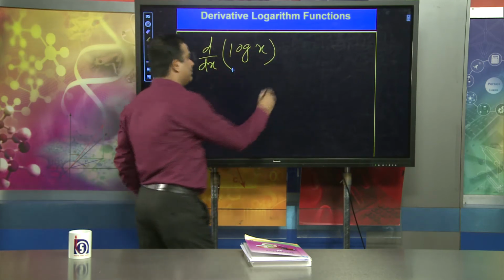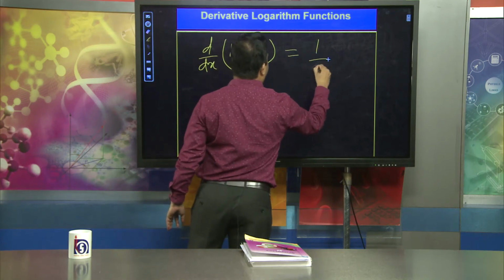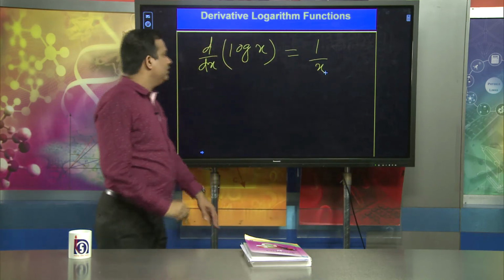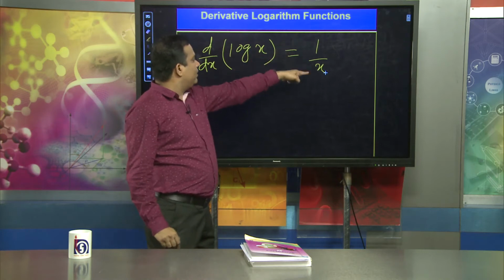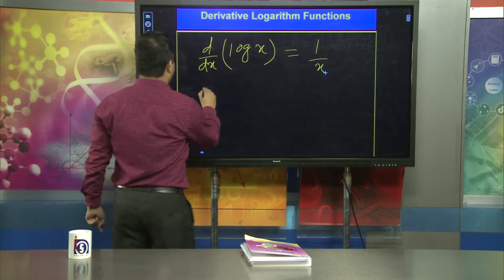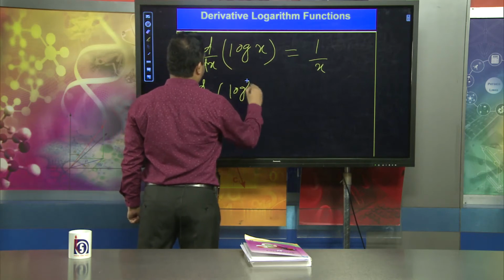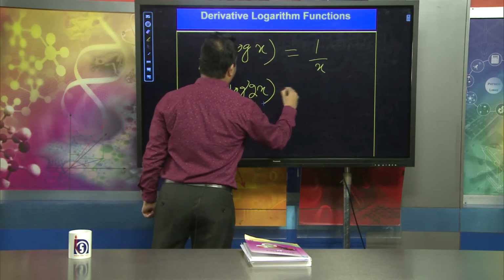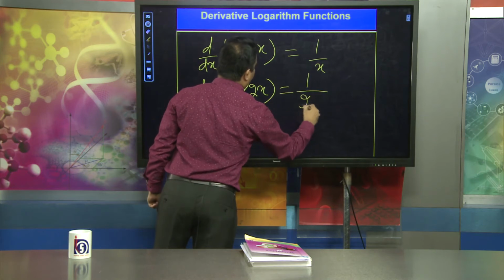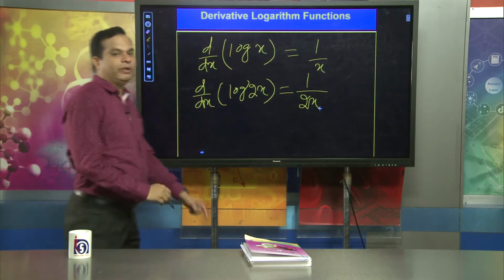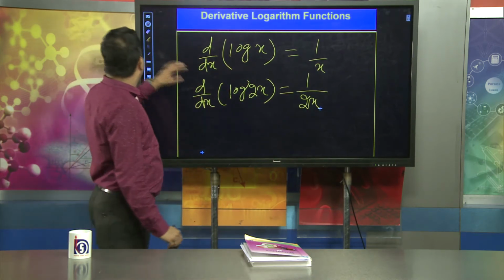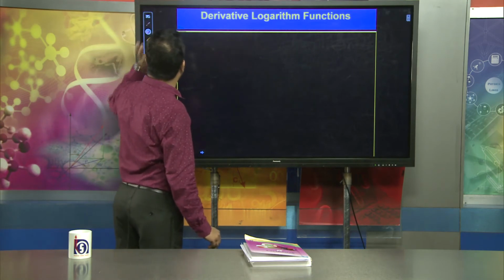The derivative of log x, that formula is 1 by x. Remember, if it is log x, it will be 1 by x. Suppose I would like to take the derivative of log 2x. Its derivative will be 1 by 2x. This is the formula.